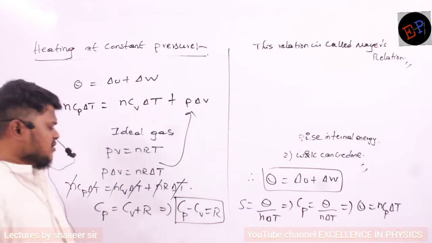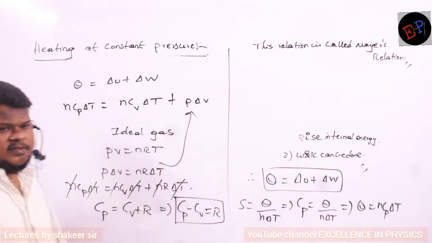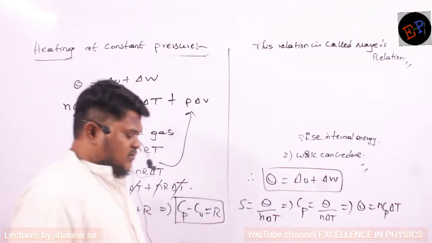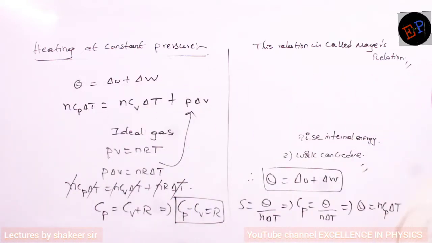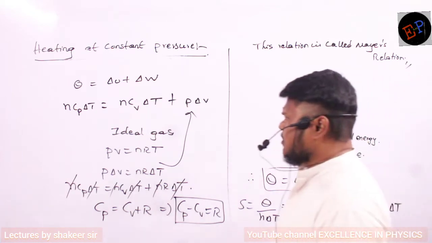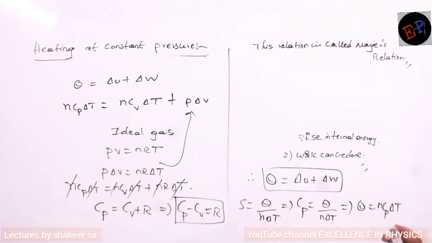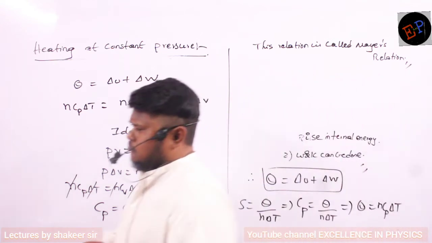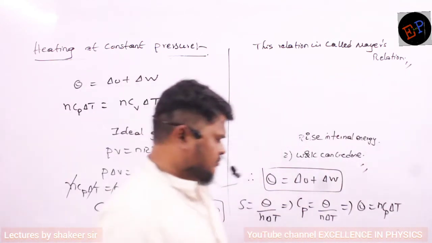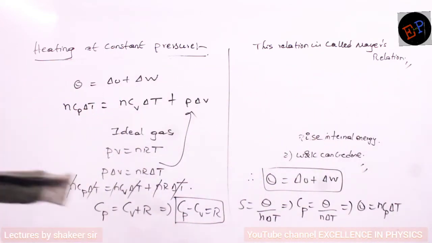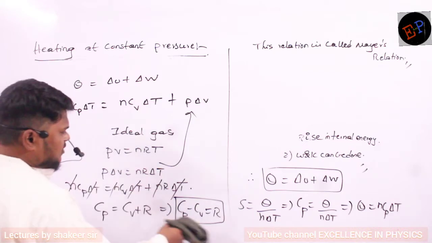The relation between both of them is Cp minus Cv is equal to R, where R is called the universal gas constant, whose value is 8.31 in SI system and 1.98 in CGS system. Is it clear? Now, let us study the relation between Cp and Cv to the degrees of freedom.